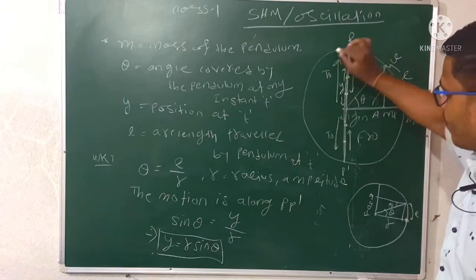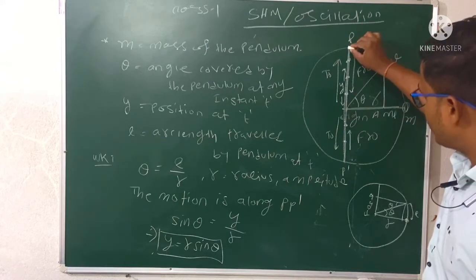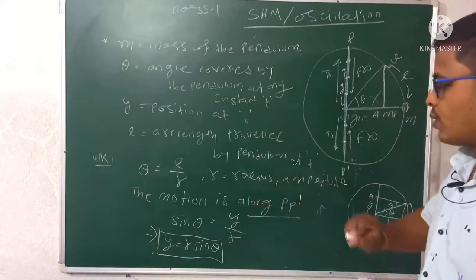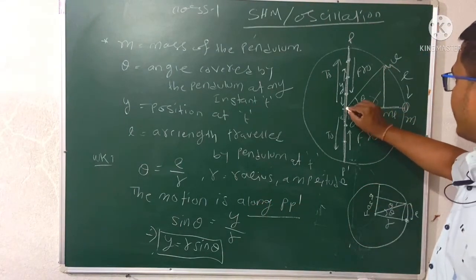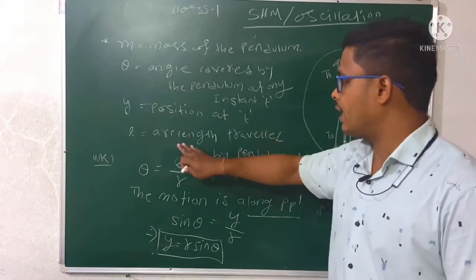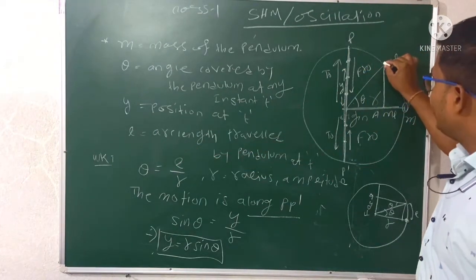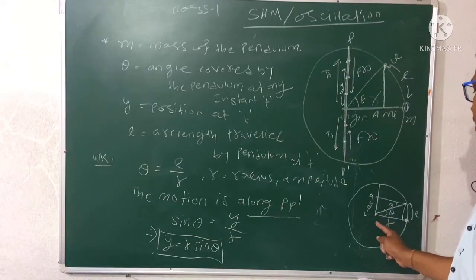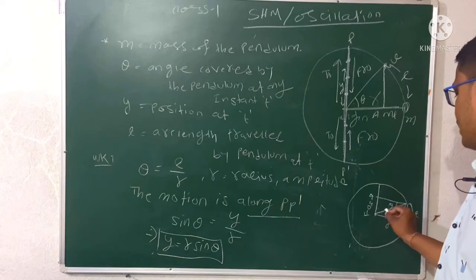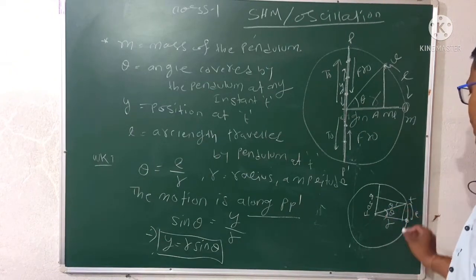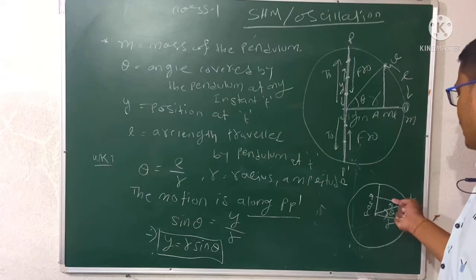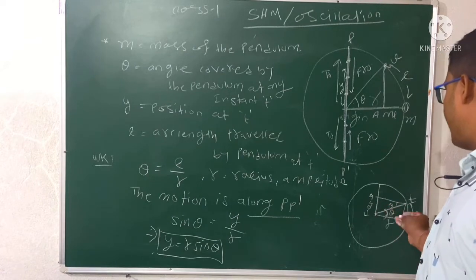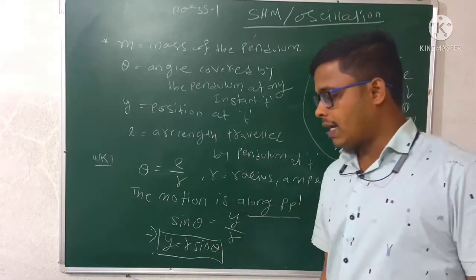So we take a circular path, and the oscillation is only along P and P dash. PP dash is the oscillation path. At any instant of time, L is the arc length, and what is the position, that means what is y? If you look at this diagram, if this angle is theta at any time t, then that angle also will be theta due to geometry properties. So sin theta equal to y by r, that is, y equal to r sin theta.